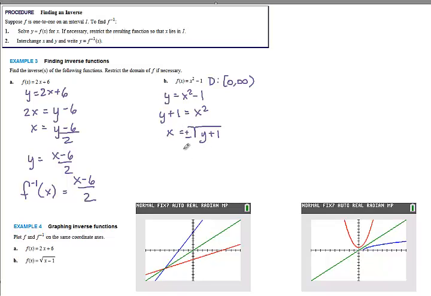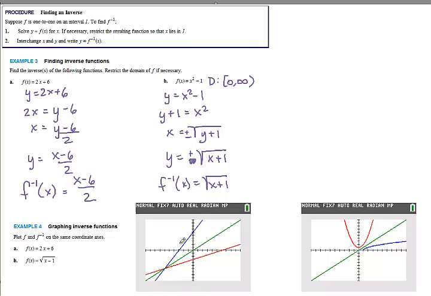Swap my x's and y's. And I'm going to be looking at the positive domain, so I will just look at this particular section. Let's clean this up because of the way I've defined my domain. And there's his inverse.